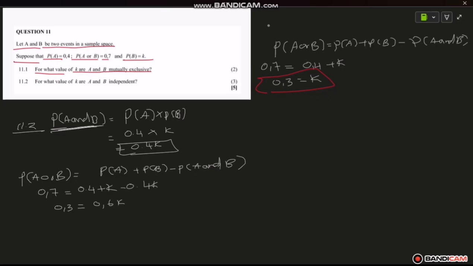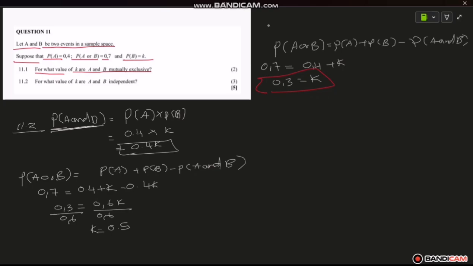Then we divide both sides by 0.6 and solve for K. The value that we get here is the value of K that makes A and B independent. I hope it makes sense. You can prove it if you like. So that's very, very important.